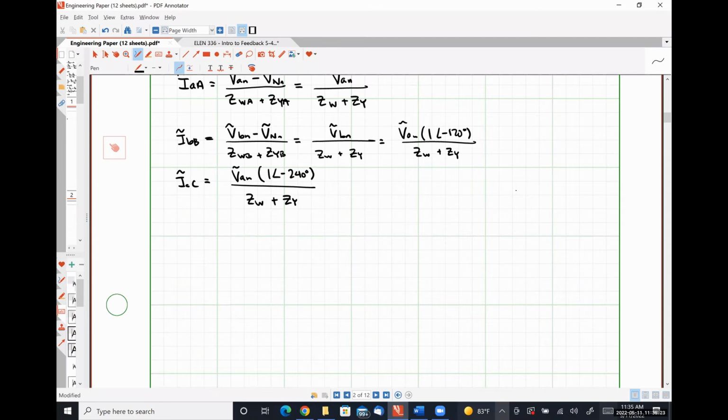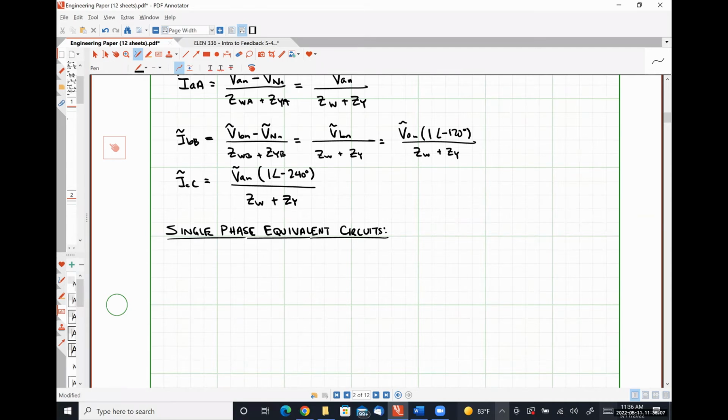So this is what we're going to call single-phase equivalent circuits. So in our prior example, we observed that our neutral conductor voltage VNN was 0 and our neutral conductor current INN was also 0.